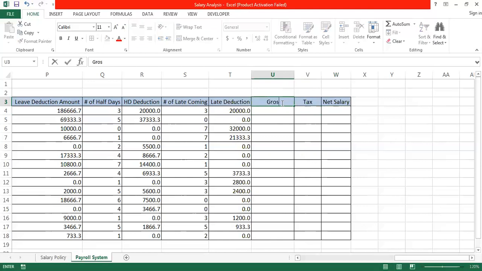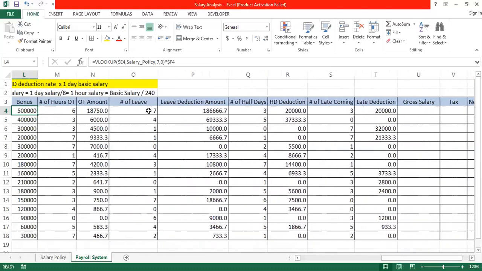There are two ways to calculate the gross salary. Either we add those values which we have added, and then subtract all those deductions, and we will have our gross salary. Or there is another way: instead, when we apply all these deductions already in negative terms, when we add these amounts, the values are already going to be deducted.